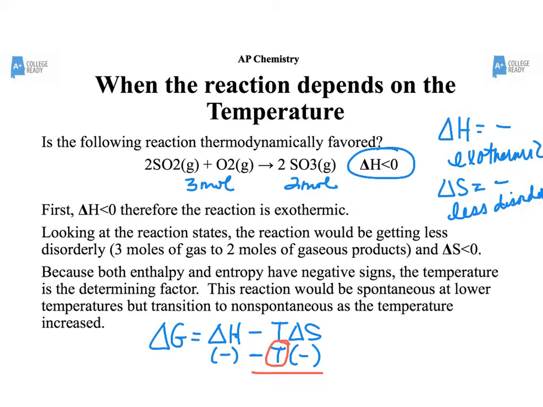But what if the temperature is really big? Then the T delta S value becomes really, really big, and that would give us a positive delta G. So sometimes whether the reaction is thermodynamically favored or not will depend on the temperature. And reactions can transition from non-spontaneous to spontaneous as the temperature increases.